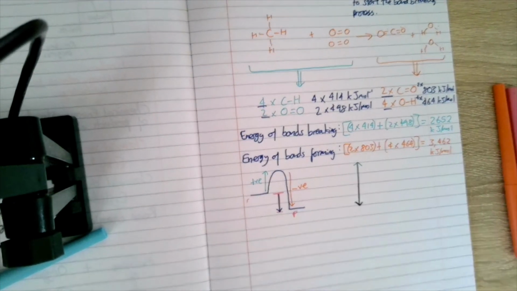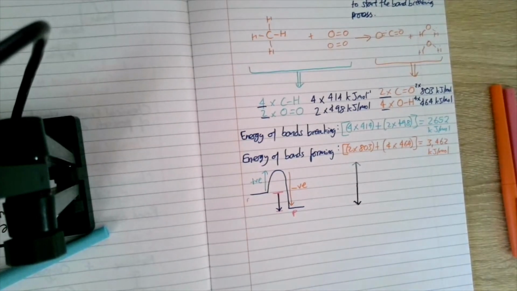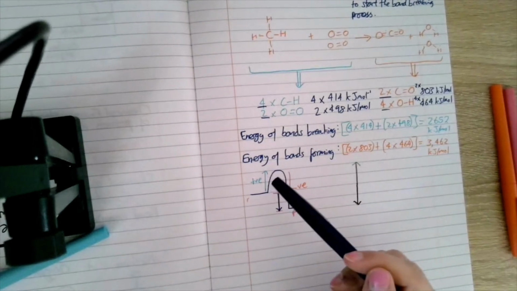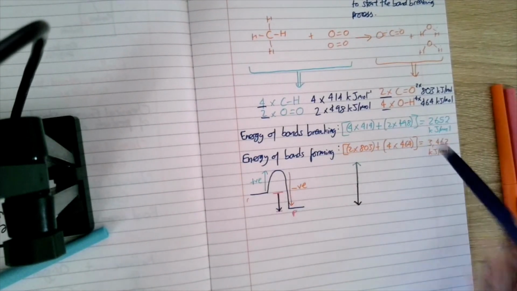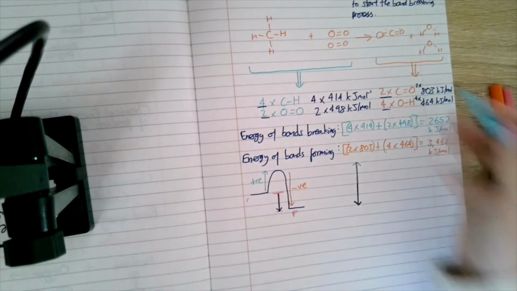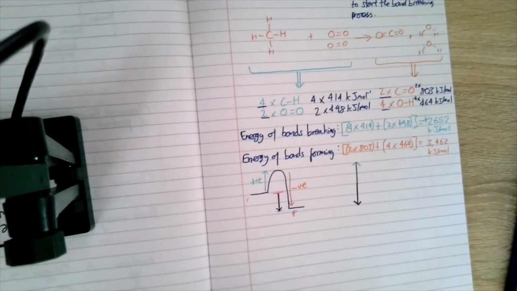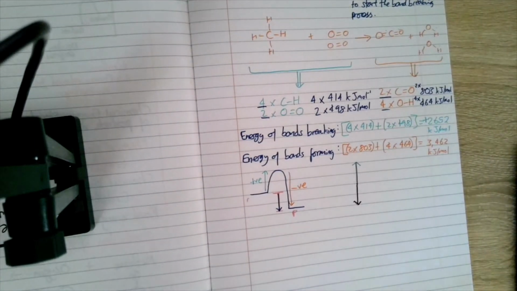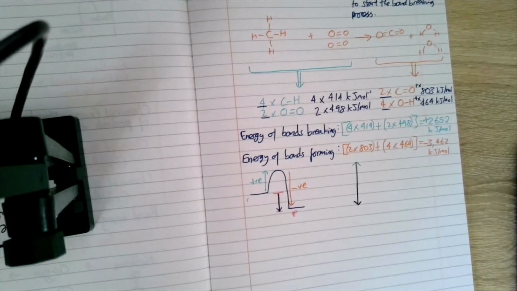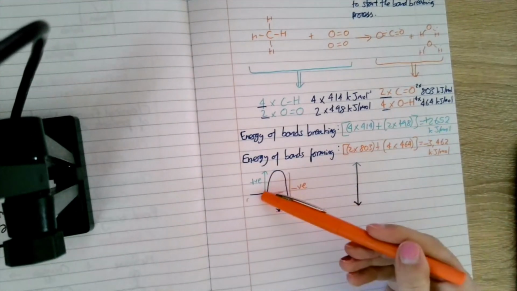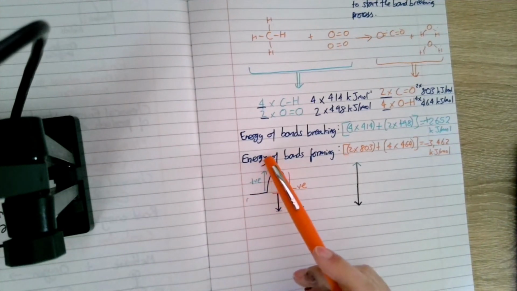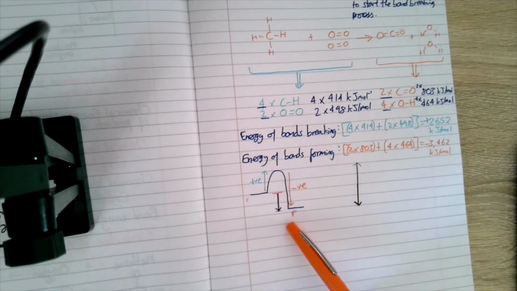However, if you haven't done vectors, that's obviously going to be quite confusing. But what you can do is look at the arrows, or put the signs into place. So plus 2652 and minus 3462. So we're adding 2652 and then we're subtracting 3462.